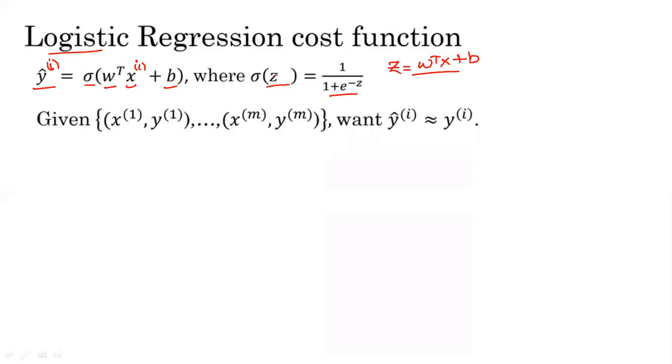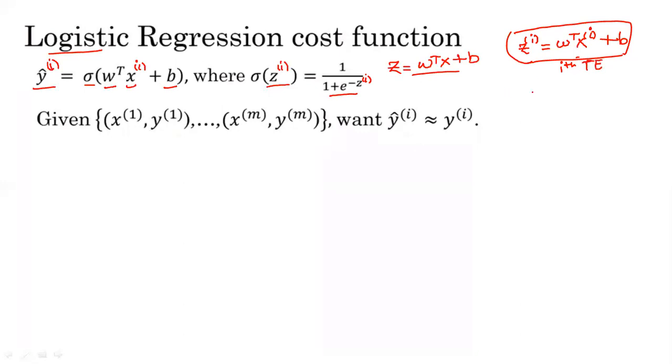If I want to apply this to the sigma function, then sigma of z of i is equal to 1 upon 1 plus e to the power of minus z of i. So this formula will also become a formula for the ith training example. Here z of i is equal to w transpose x of i plus b, which is quite specific to the ith training example.